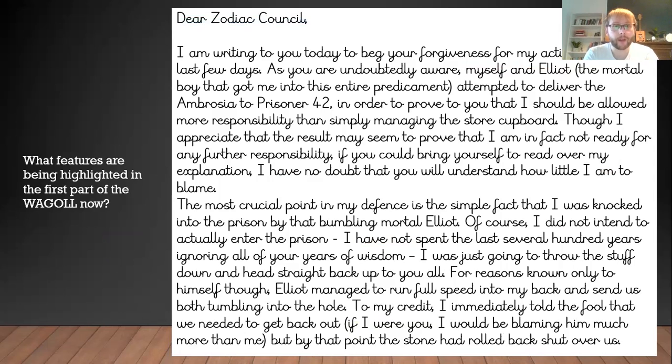Okay, so this time I'm going to highlight some features for you, and I want you to try and work out what features I'm highlighting. So, firstly, what features am I highlighting here?